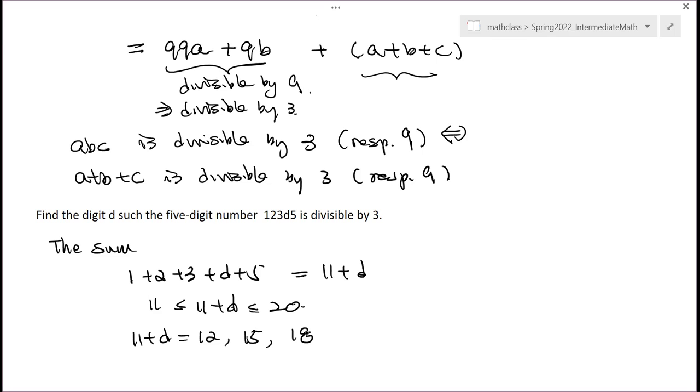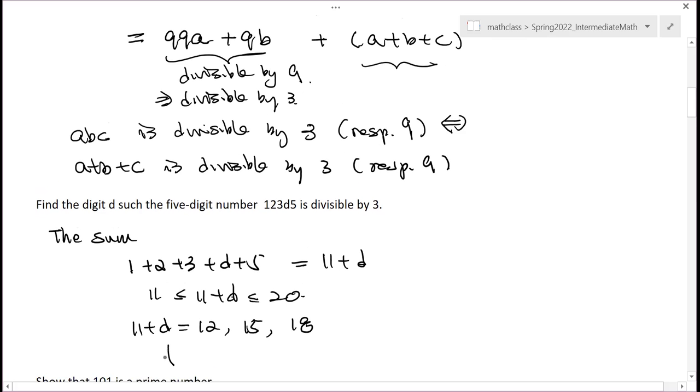So you're going to get 3 solutions. That would be D equals 1, then 4, and then 7. So there you find all 3 answers, the 3 numbers here. So the solution will sometimes not be unique. Great.